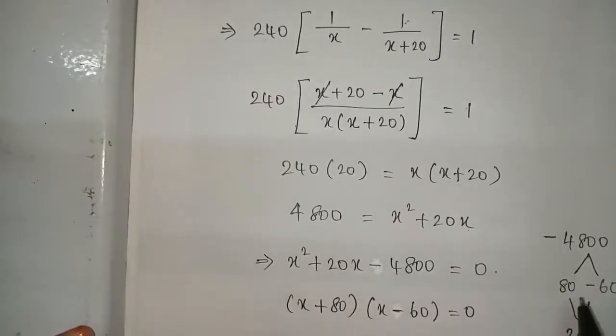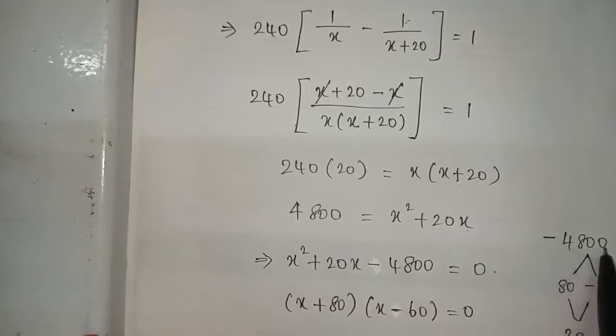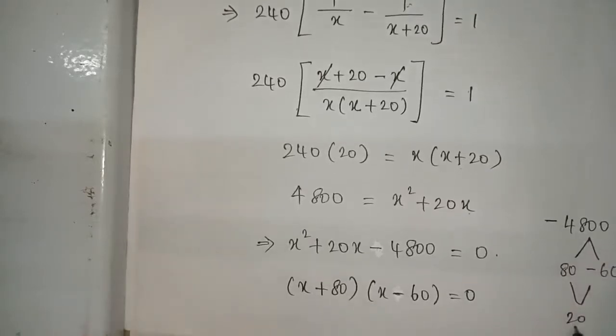Next you have to split the factors. Minus 4800 is your product of roots and sum of roots is 20. So 80 into minus 60, because 8 6s are 48, 8 minus 6 is plus 2. So 80 into minus 60 is minus 4800. If you add, you get 20. So the factors are x plus 80 into x minus 60 is equal to 0.